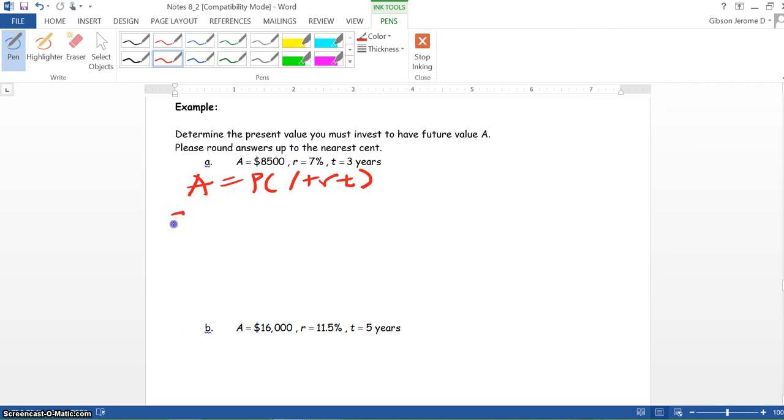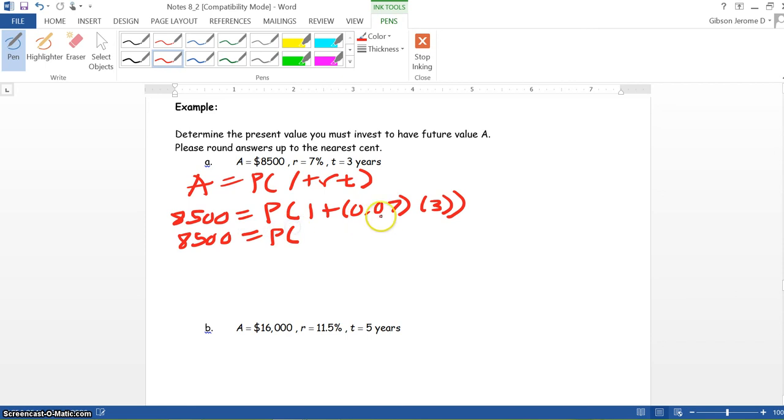So our A is 8,500 is equal to, we don't know what our P is, and we have 1 plus R is 7%, which is 0.07, and T is 3. So we have 8,500 is equal to P times 0.07 times 3 would give you 0.21 plus 1, which would be 1.21.